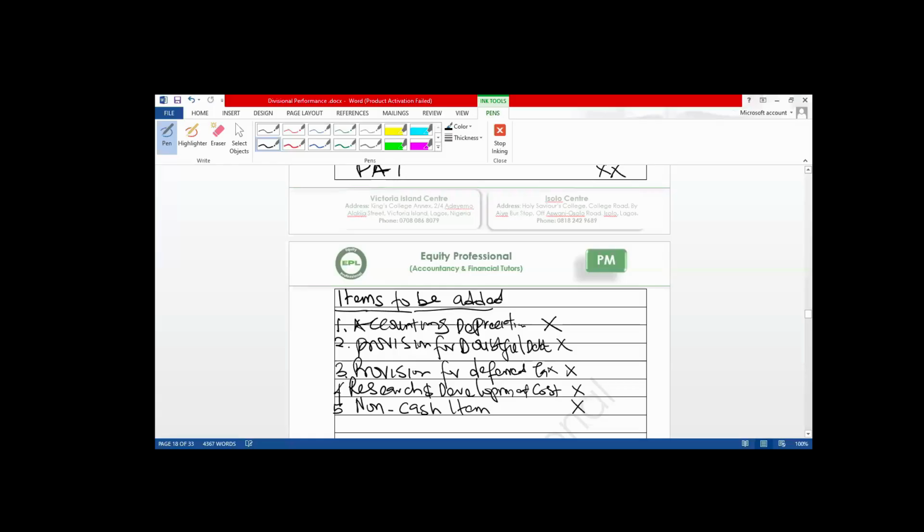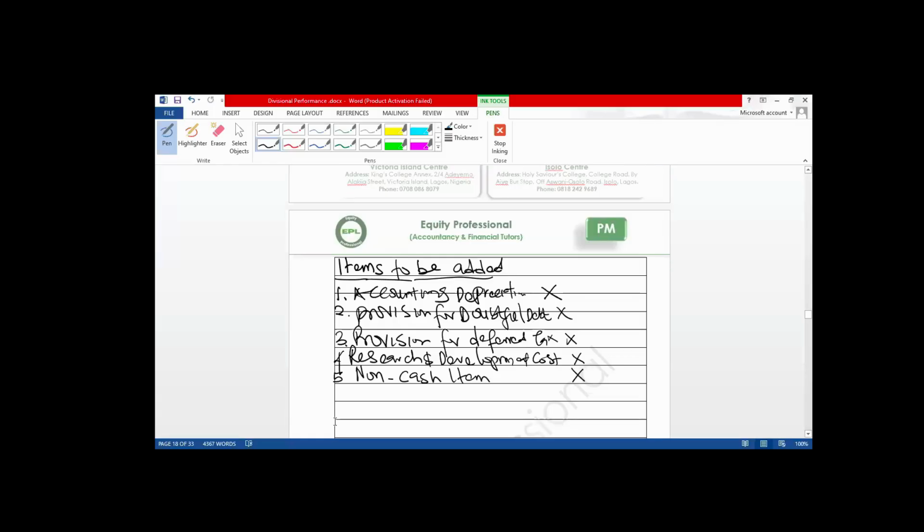Add back. Six, interest paid net of tax. Add back.